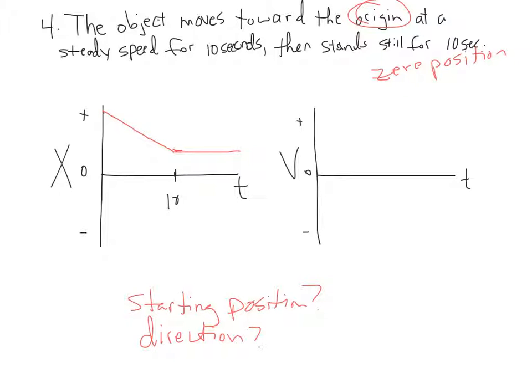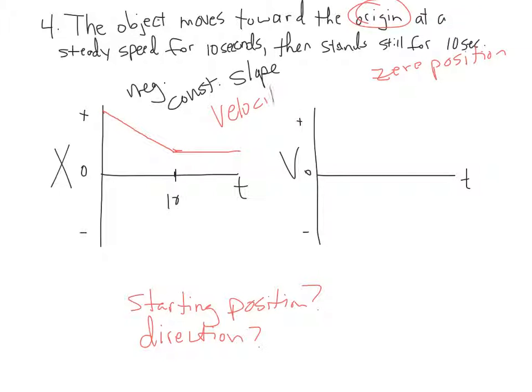How does that translate to the VT graph? Well, what kind of slope is this? Negative, right? And constant. So negative constant slope, which means what? Well, negative constant slope means negative constant what on an xt graph? Yep, velocity.